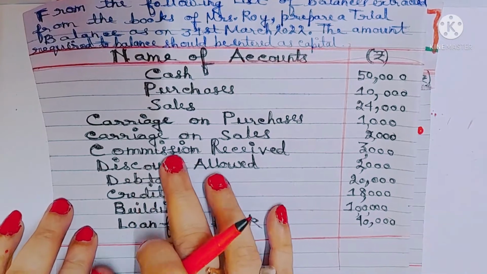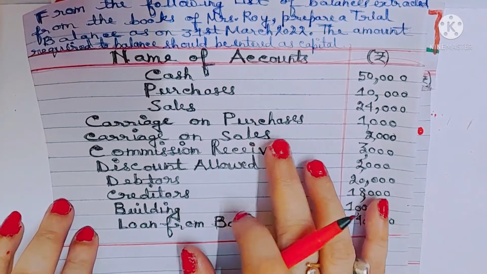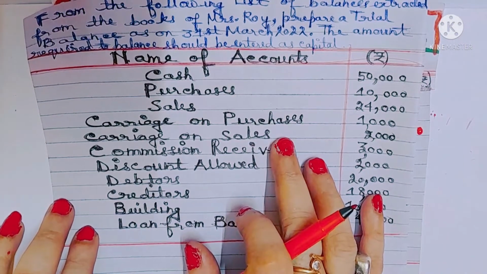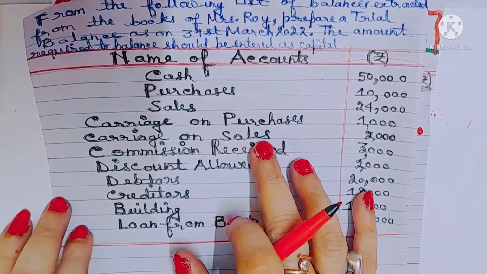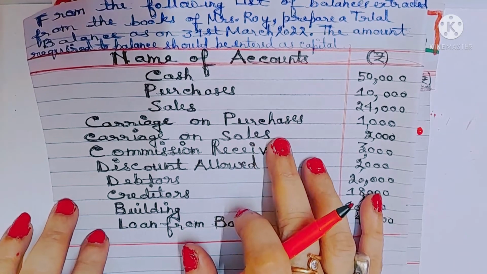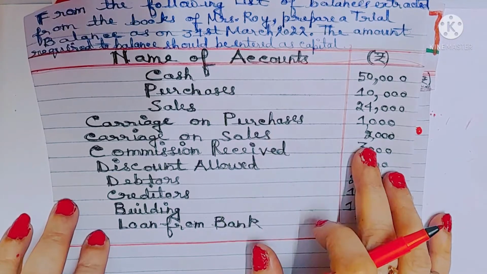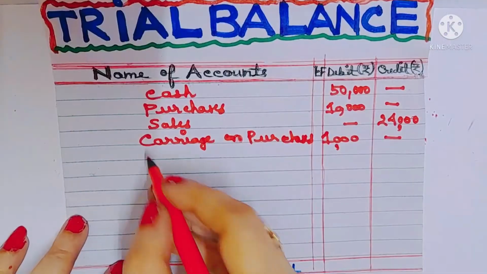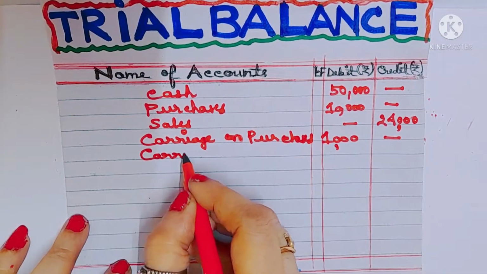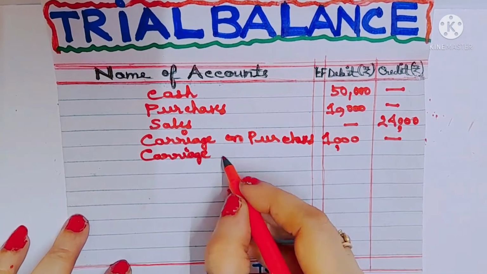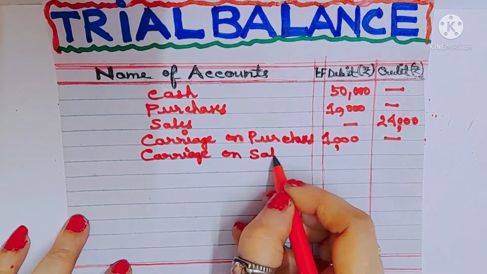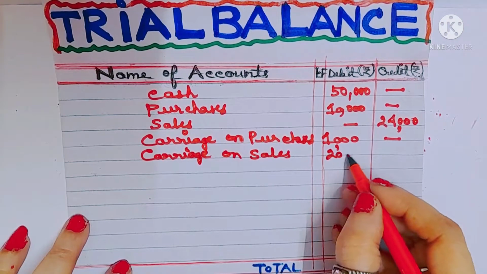The next account is carriage on sales. Carriage on sales or carriage outward means the same thing. Carriage on sales or carriage outward is a transportation cost. The amount is 2,000. Let's write carriage on sales 2,000.